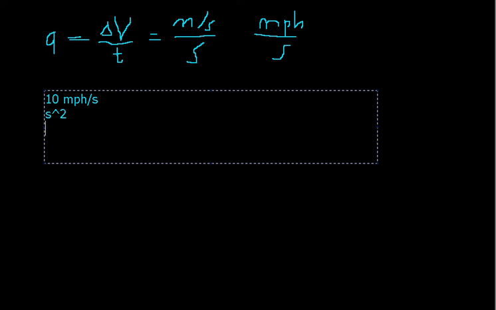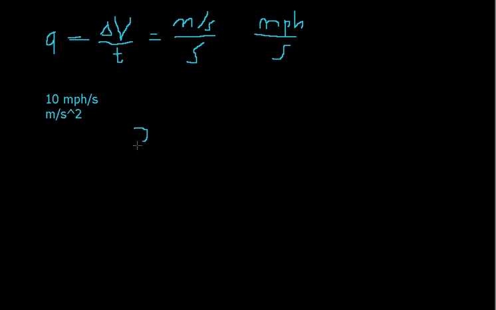And this is where the seconds squared comes from. When you see that, don't say to yourself meters per second squared, because that just doesn't make sense. What is a meter per second squared? I don't know. No one does. It's confusing. Don't think of it like that.